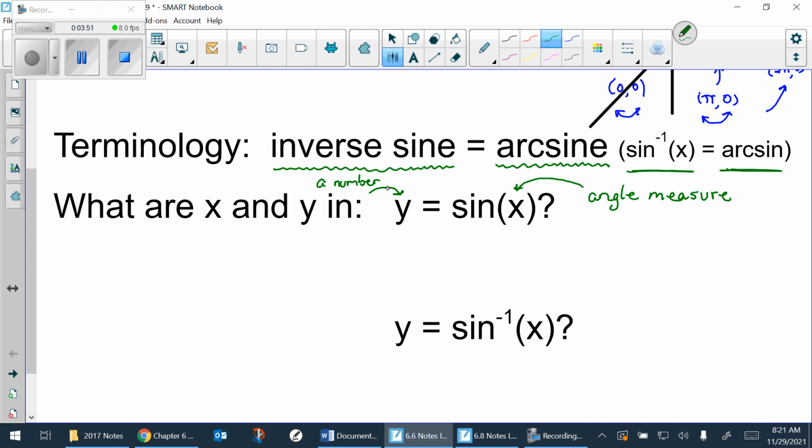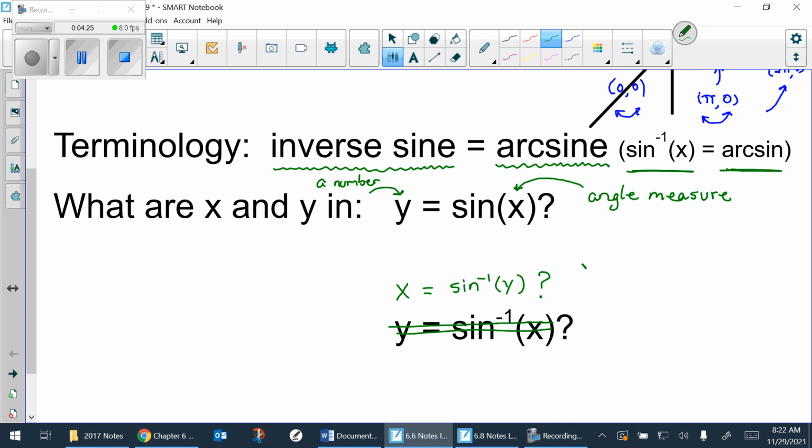Now, what if I'm given something like this? And you know what? I'm just going to cross this out, and I'm going to rewrite it a little differently, because you guys are accustomed to switching the roles of x and y. So if we flip-flop the roles of the x and the y, what is the y number?